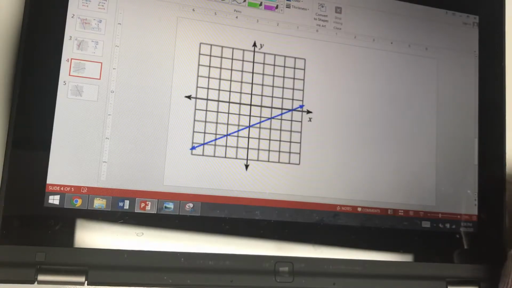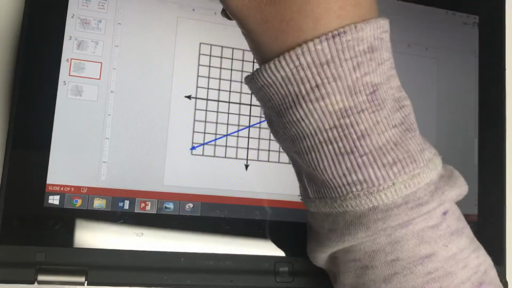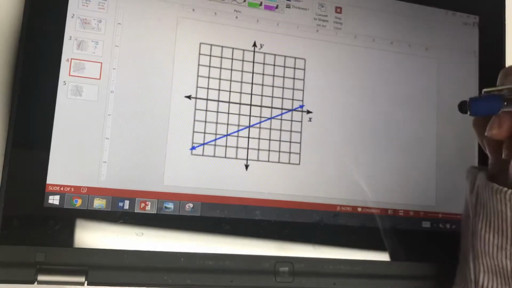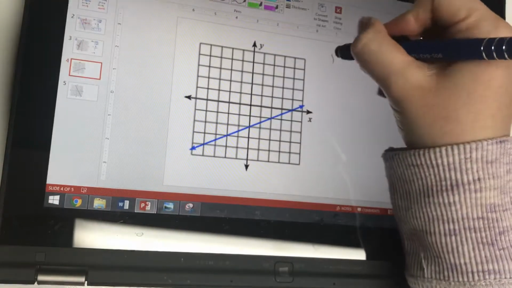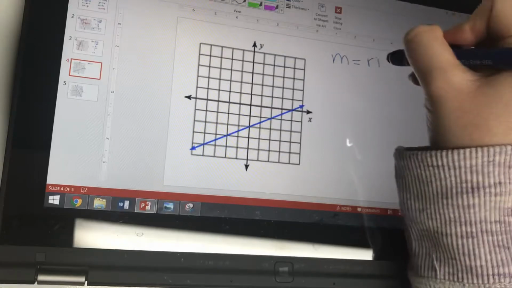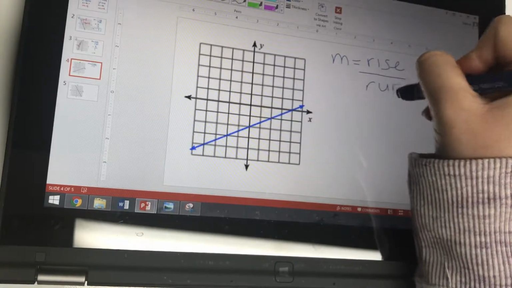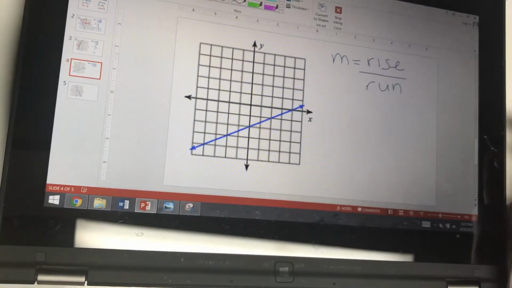In this example, I don't have my 2 points given to me. I'm still finding the slope using the rise and run of the graph, but I need to draw the 2 points that I'm going to be looking at myself.